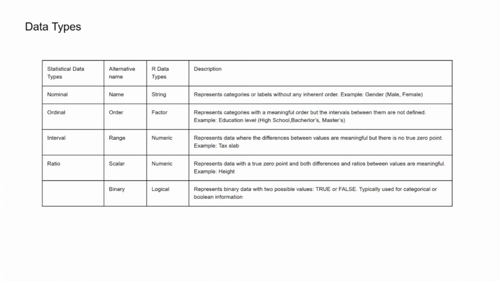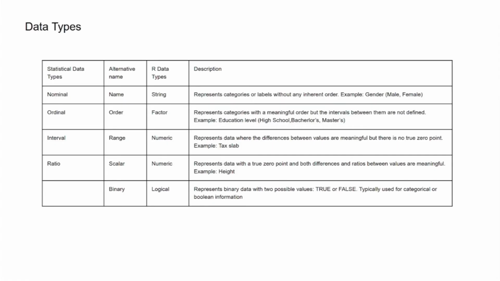Okay. Now last comes the ratio, which means the scalar data, which actually means that there is a number which is measured. What is the height? What is the weight? And as written in the slide, it represents an absolute 0. What does it mean? We can have a 0 weight and it does make sense. We can have a 0 height. We can have 0 decibels. Okay.